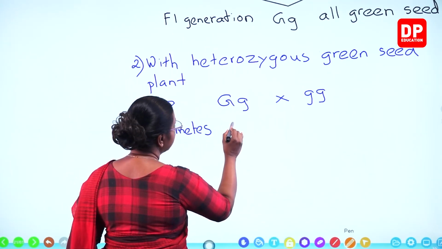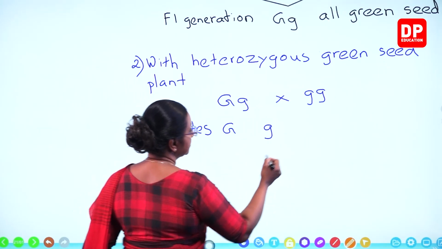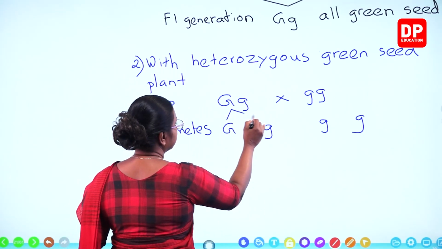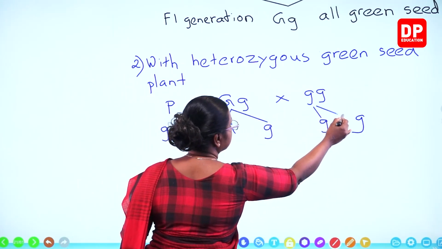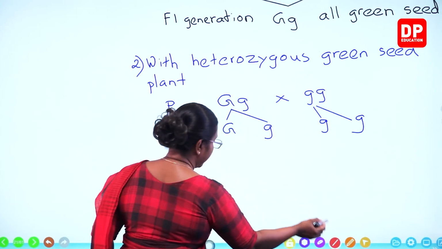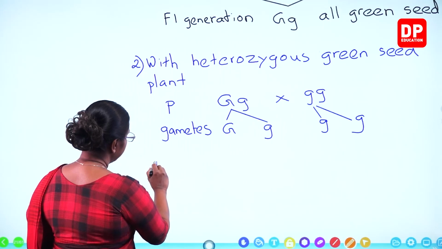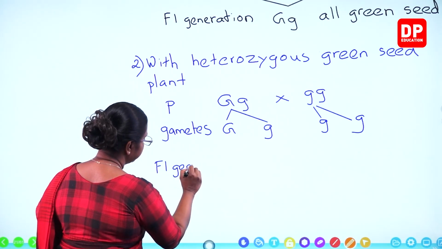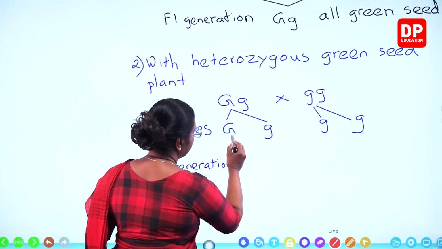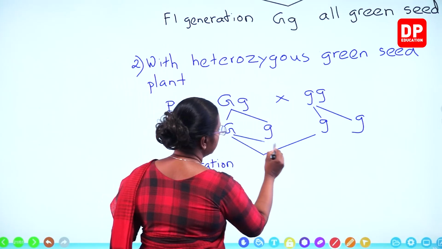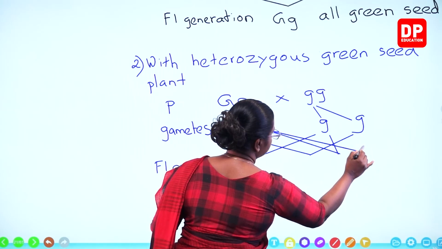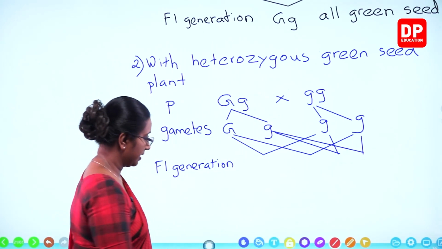Gametes are going to be capital G, simple G. Here it is simple G. Then, when they combine to form the F1 generation, so this is how the combination will take place.